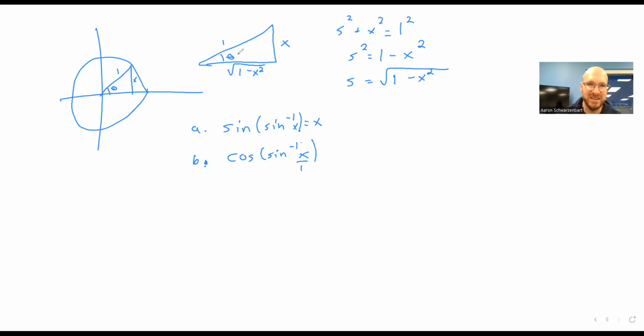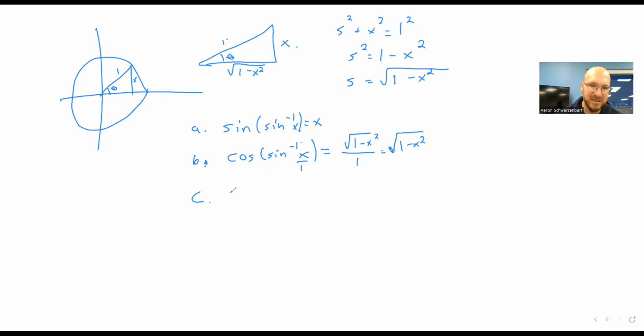The inverse sine of that is theta. This triangle is functionally the inverse sine of x triangle. x over 1, opposite over hypotenuse for theta, gives me an inverse sine that is theta. The cosine of the angle theta is the square root of 1 minus x squared over 1, which is simply the square root of 1 minus x squared, and I'm going to stop writing the over 1 parts.